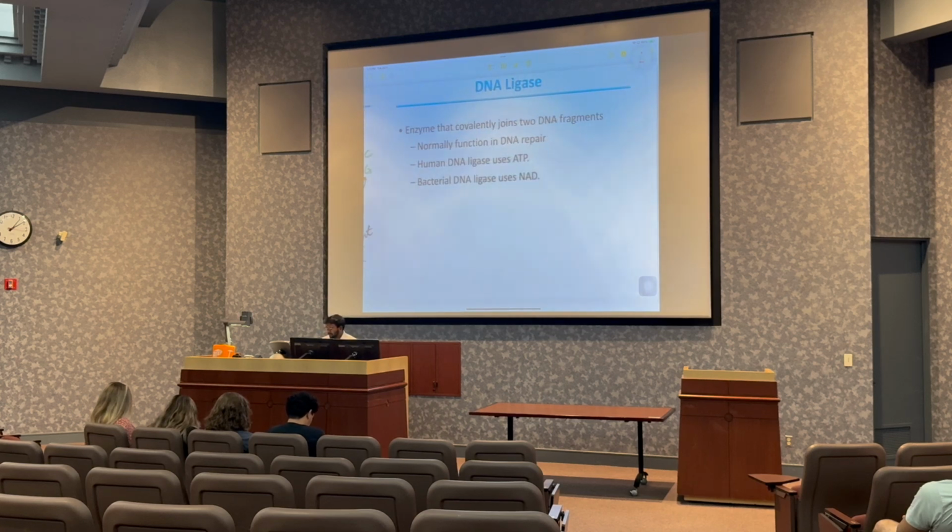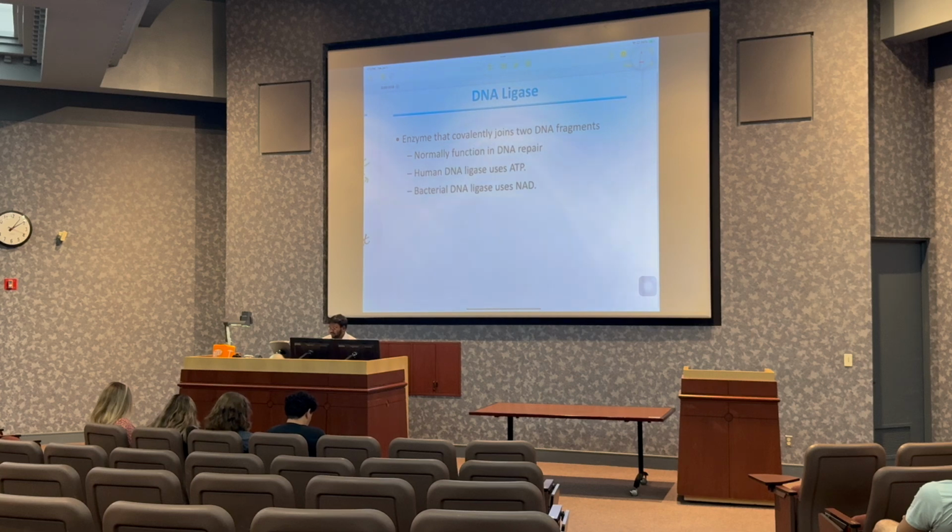Let's move ahead and see the different types of ligases. Ligases are present in human DNA and bacterial DNA. The only difference is humans use ATP and bacteria use NAD. Anyone familiar with NAD? Niacinamide adenine dinucleotide.